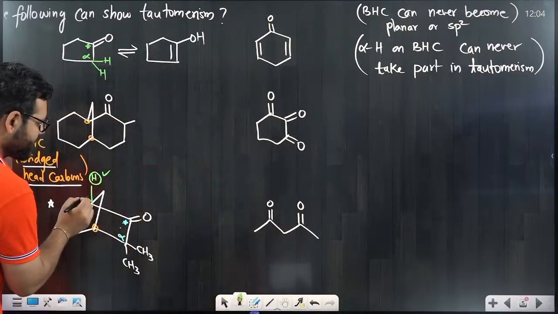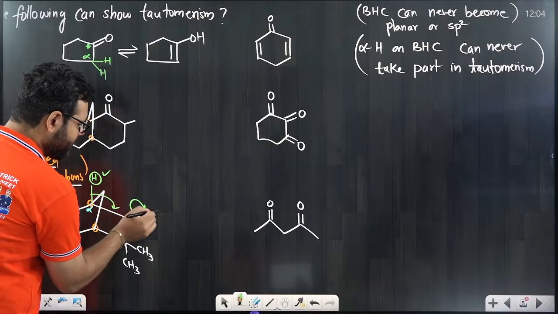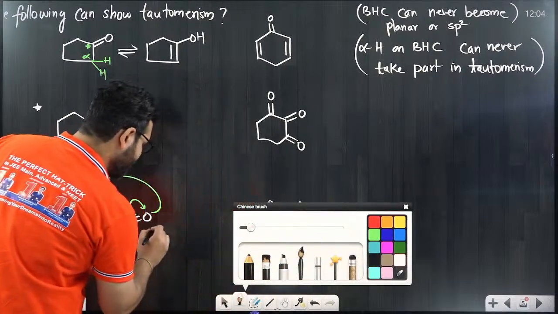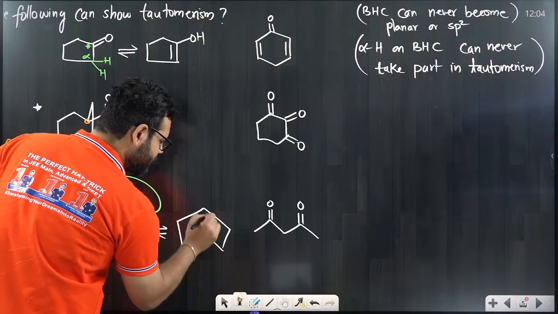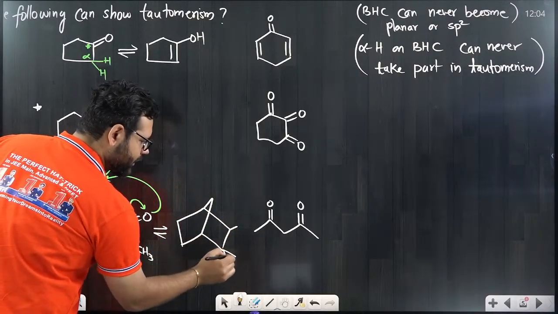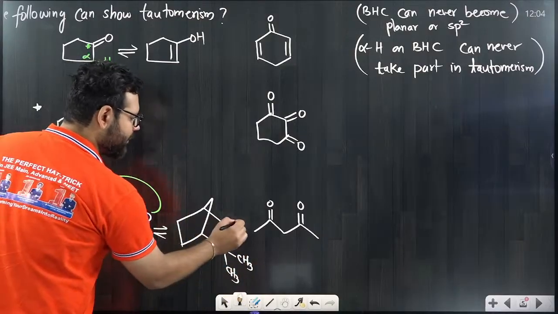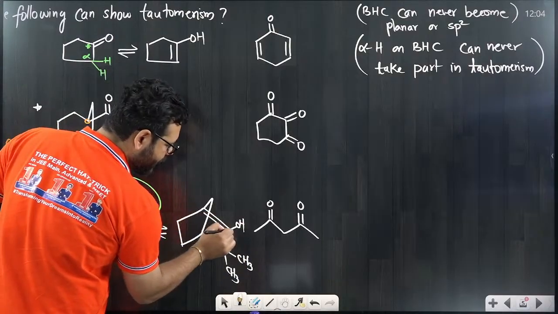I'll say sigma become pi, pi become minus, minus take the H plus. I'll do like this. Once I do this shifting, the final product starts looking like this. Please see here. This became OH and a pi bond came here like this.